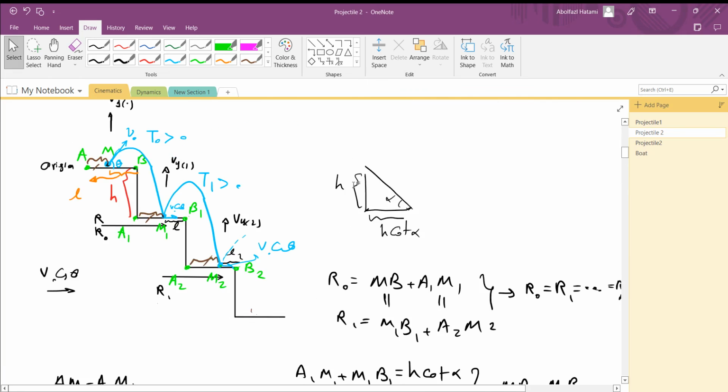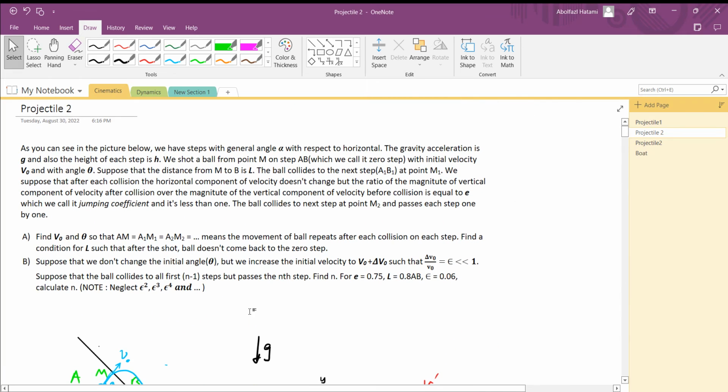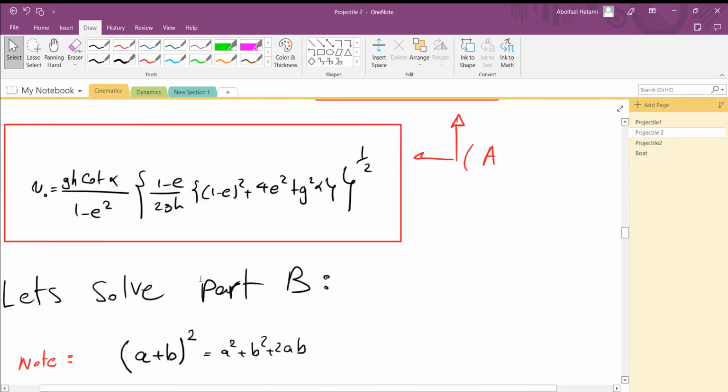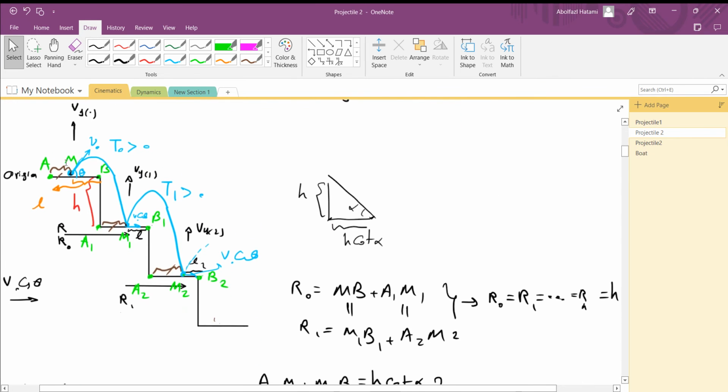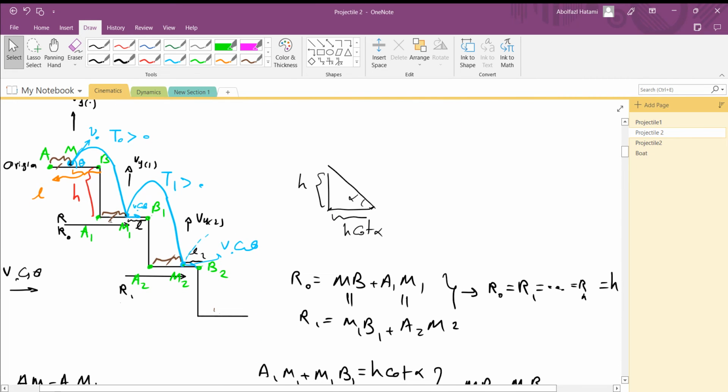The question wants us to find when the ball collides at the n minus 1 steps, but passes the nth step. What does it mean? For example, here we have a delta r0, here we have a delta r1, and for the n minus 1th collision we have delta r n minus 1.